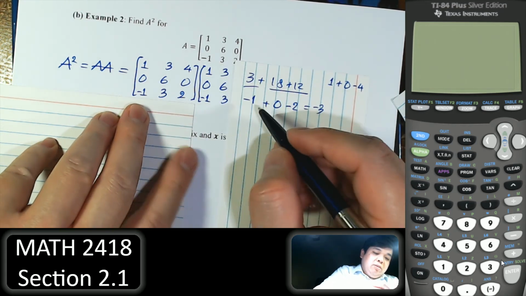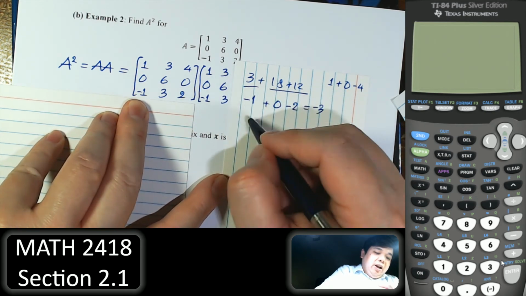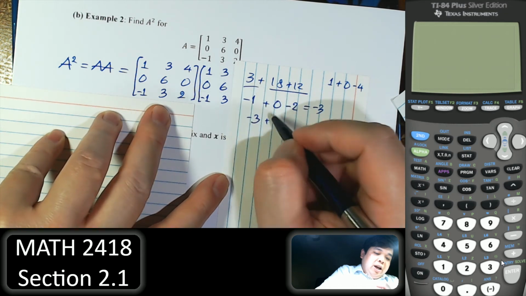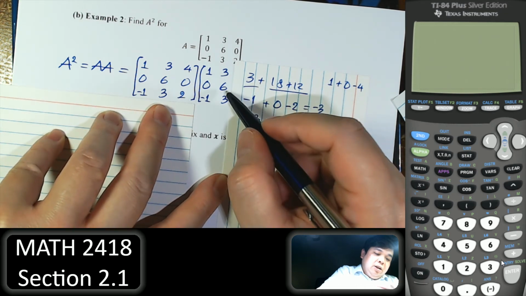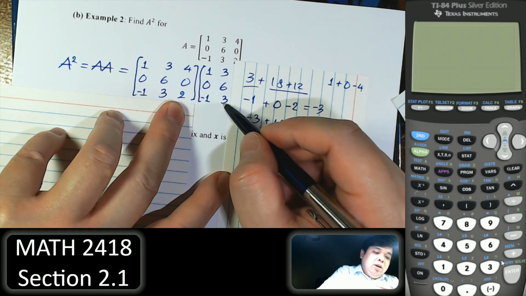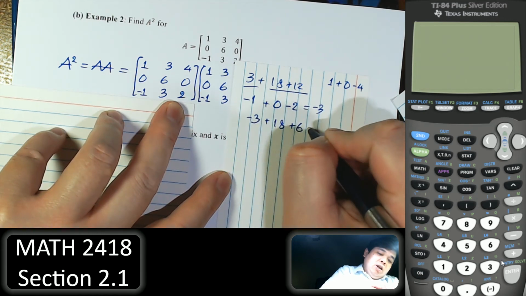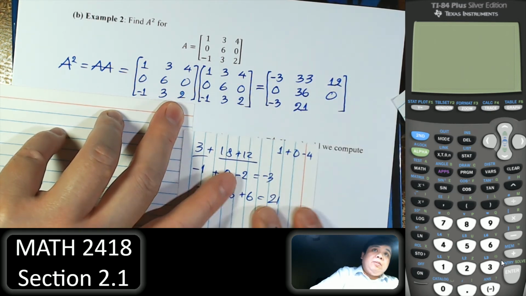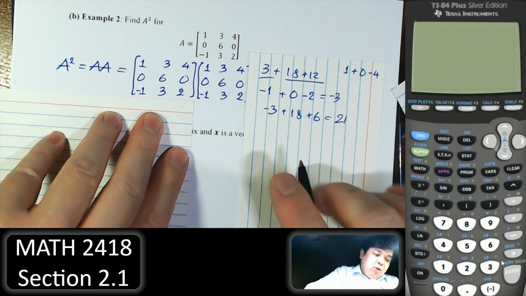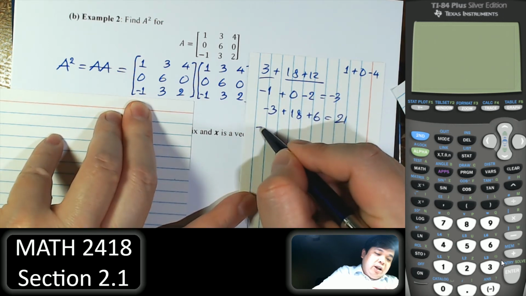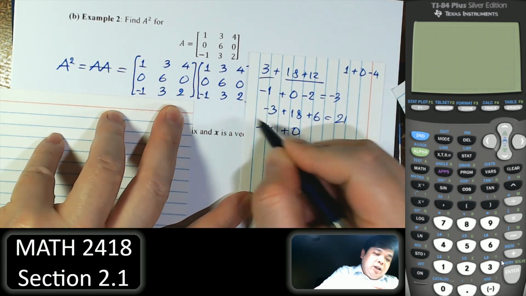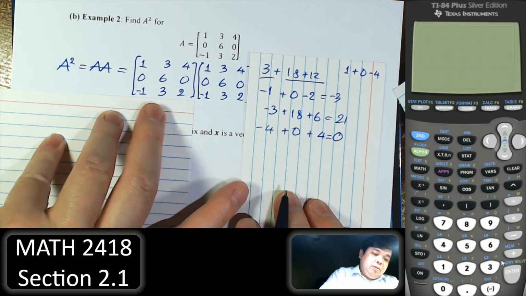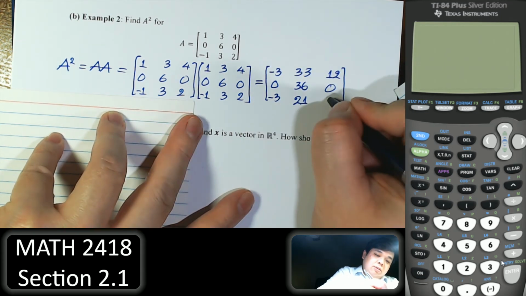Row times column, negative 3 plus 18 plus 6, 24 minus 3, and row times column, negative 1 times 4, negative 4, 0 times 3, and 2 times 2. Right.